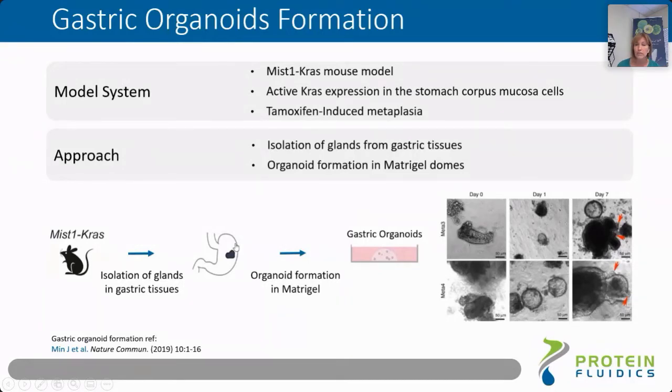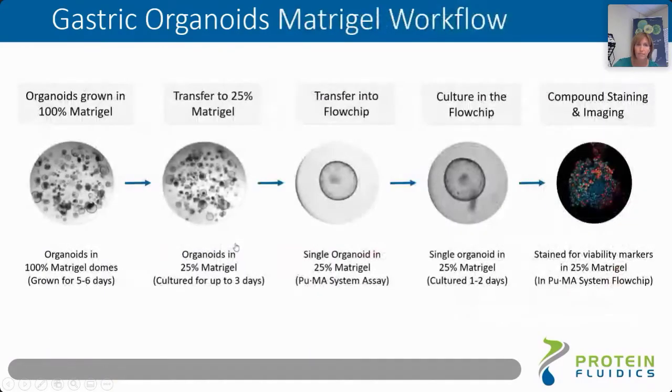And here you can see this image showing the formation of round 3D structures over time in Matrigel. Here is outlined the workflow that they use in their lab. Again, they start their culture with 100% Matrigel, then they transfer their organoids to 25% Matrigel. They keep them for about 3 days before they start running assays.